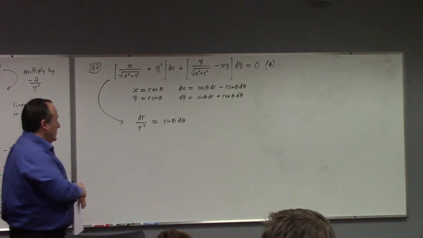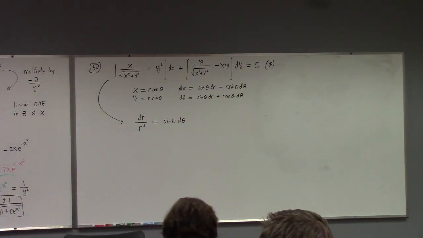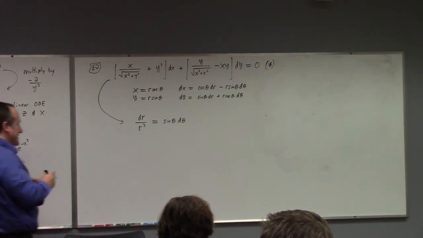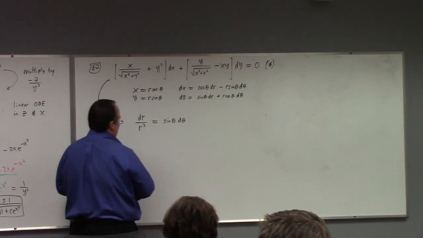So in polar coordinates, that's what that differential equation looks like, you see? And so with a change to polar coordinates, we can solve that, right? So it's not bad to solve, right? We just integrate.